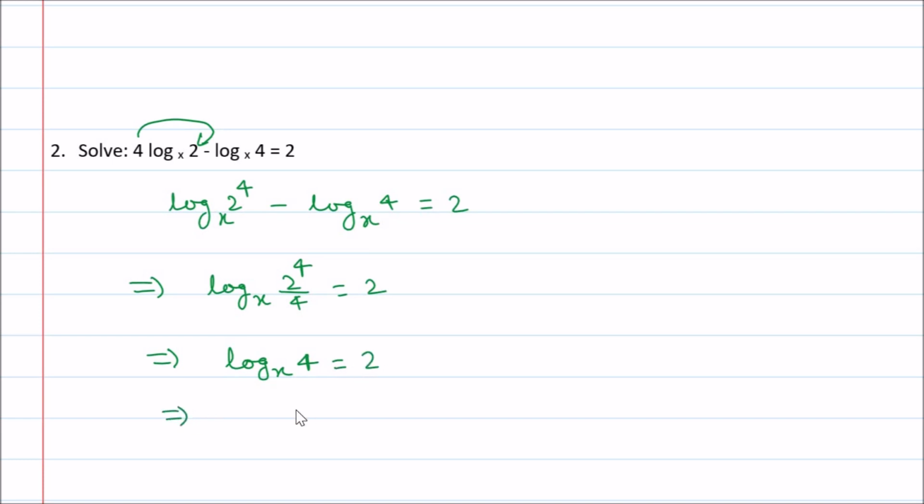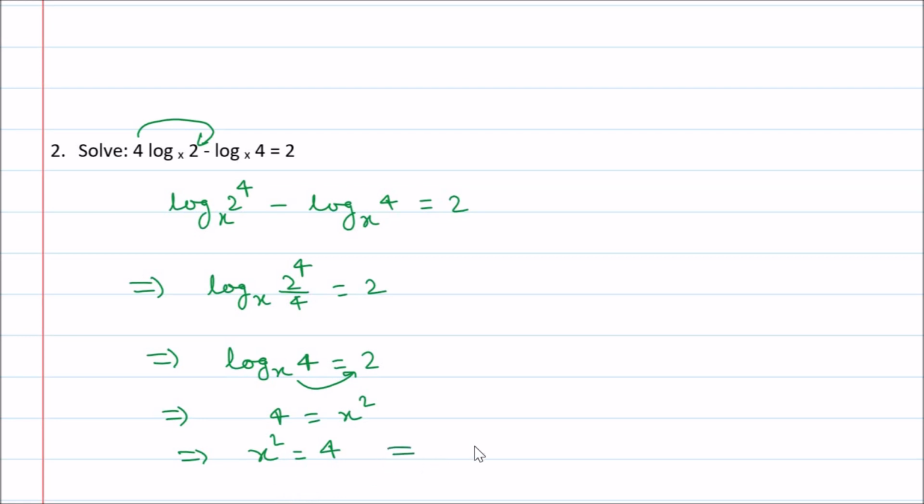Now this is a single logarithm term, so we can convert this into an exponential equation. How does it happen? See, x goes here and it becomes the base of 2. We can write 4 equal to x square. So that can be written as x square equal to 4.